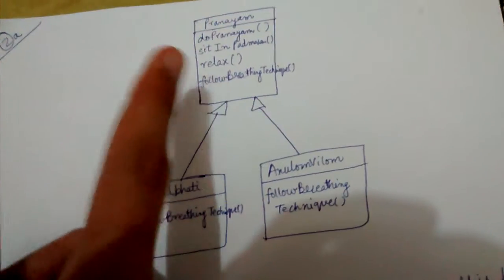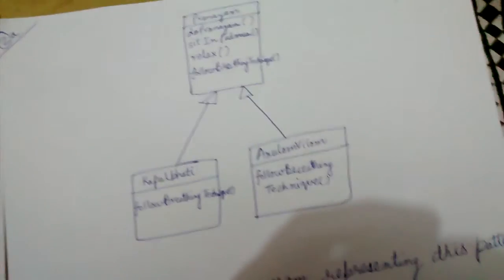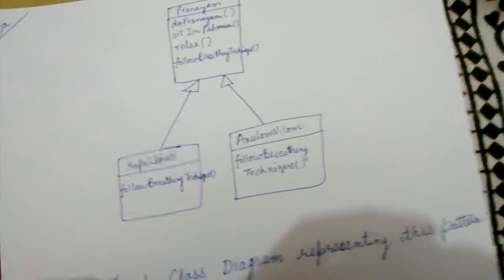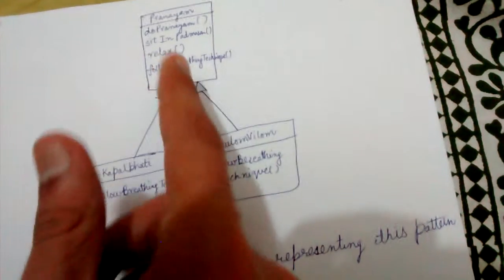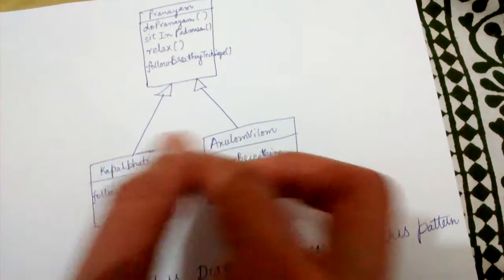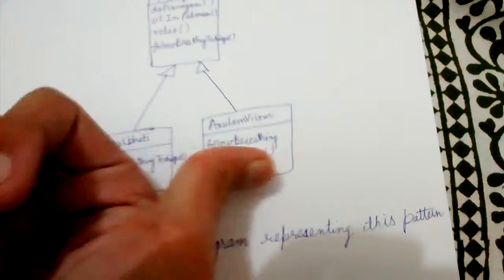Let's look at the class diagram simultaneously. This do pranayam is not here anymore, but the following breathing technique method is overridden, is implemented by these two classes now. Earlier the method names were different, but now the method name is the same for both of them.